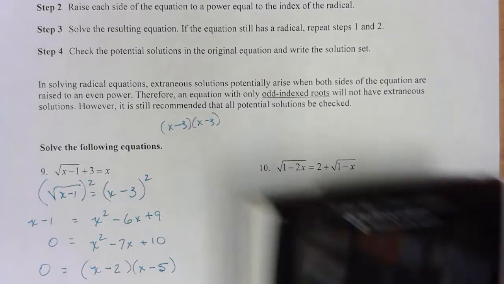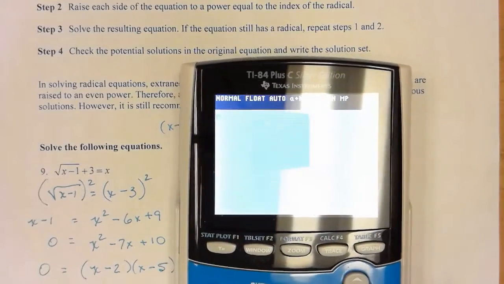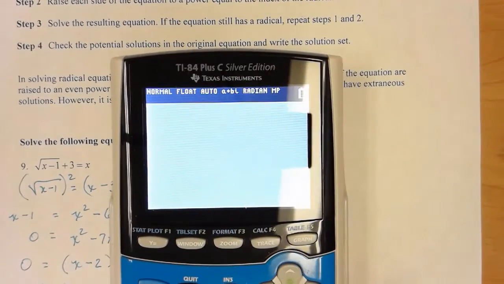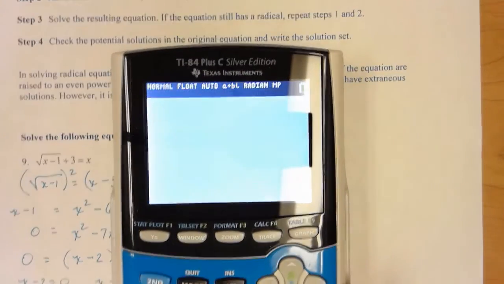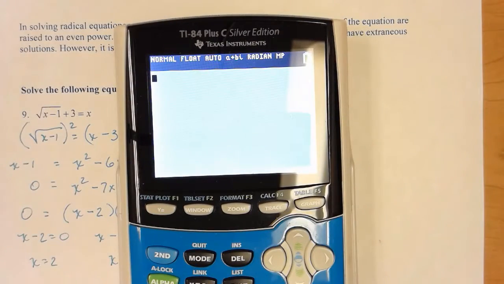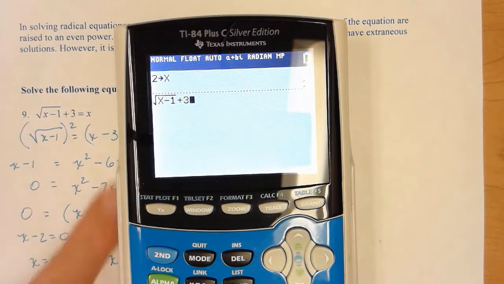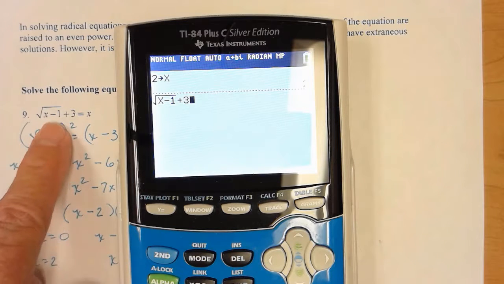Now we need to check, make sure. So let me store 2 in. Type in left hand side. Right hand side's x, so if this side comes out to be 2, then we're okay.